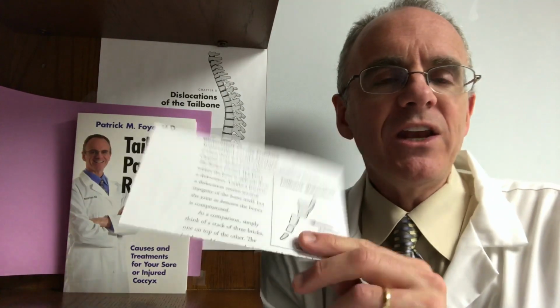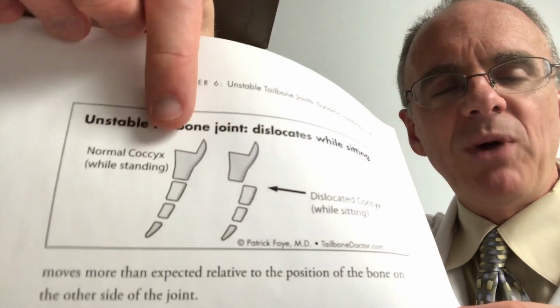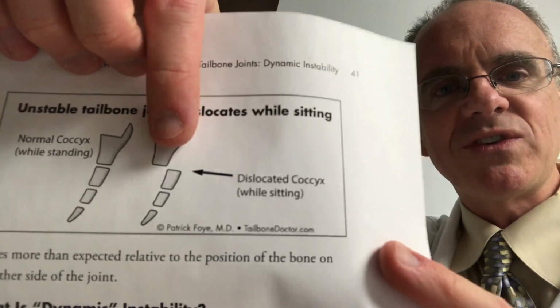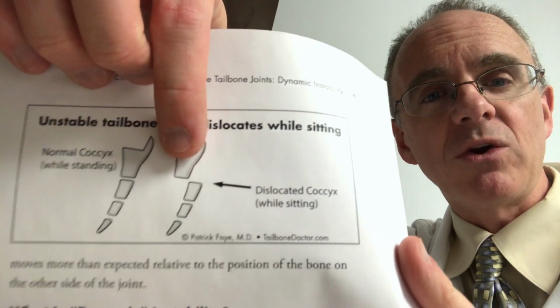The way that you diagnose a dislocation at the tailbone is typically after your history and your physical examination is imaging studies. Often X-rays will be able to make this determination, especially if you can get sitting versus standing X-rays, because there are times where the patient will have something that looks normal in one position, but when they're sitting, which is their painful position, they may have a dislocation that only appears while they are sitting.